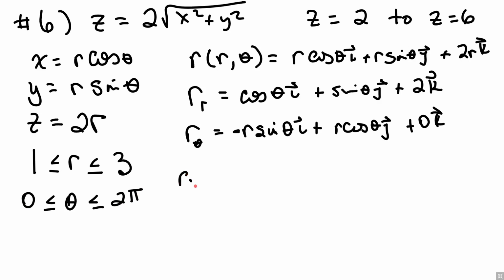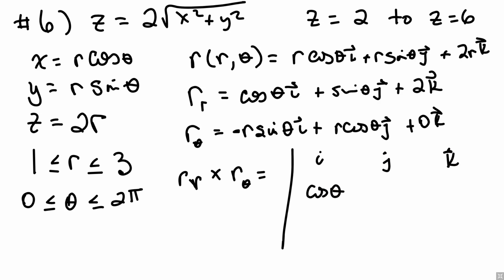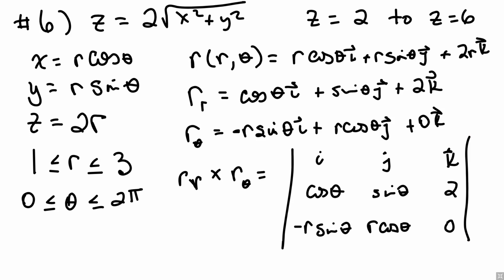Okay, so if we look at the cross product over i, j, k, we have cosine of theta, negative r sine theta, r cosine of theta, 2 and 0. So for the i component, we're going to end up with negative 2r cosine of theta in the i direction.